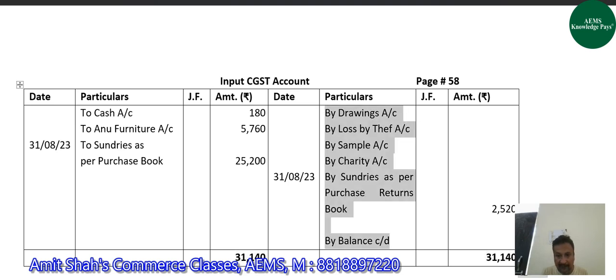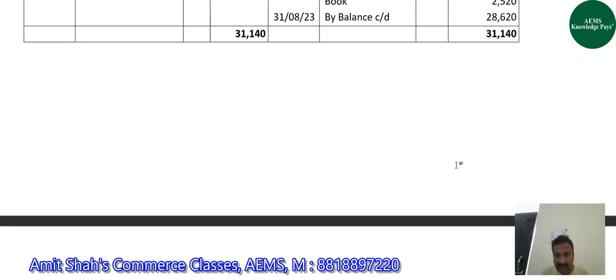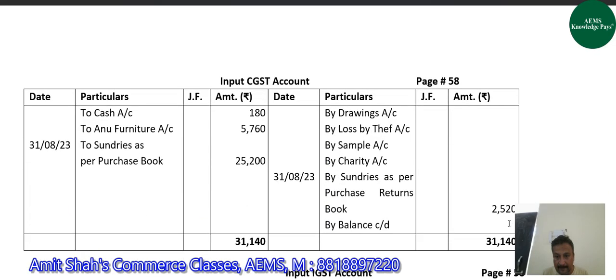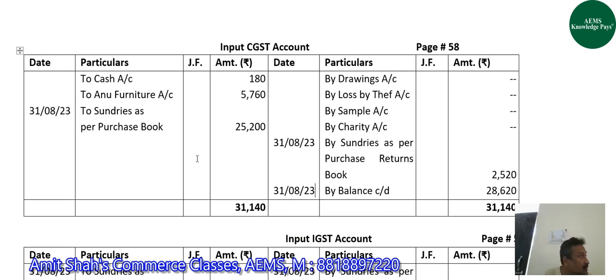So 31,140 minus 2,520 is the balance that we had here, 28,620. Done, guys, all?